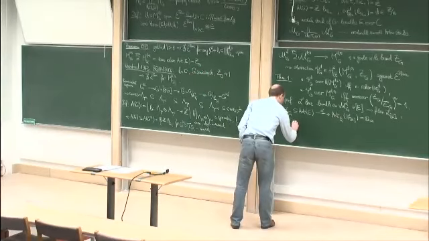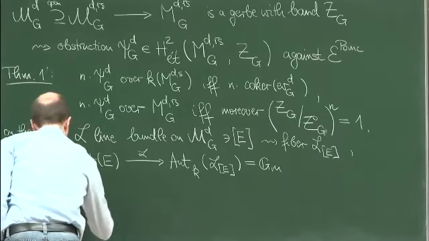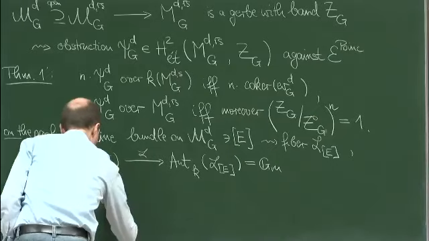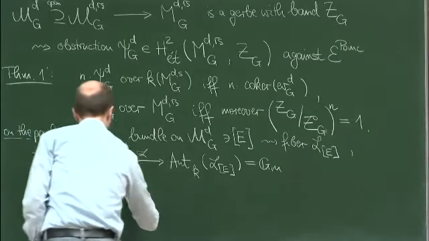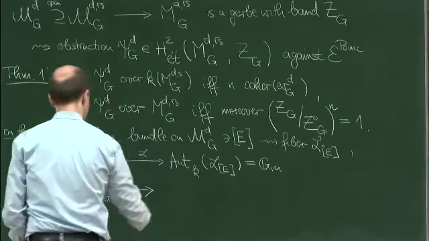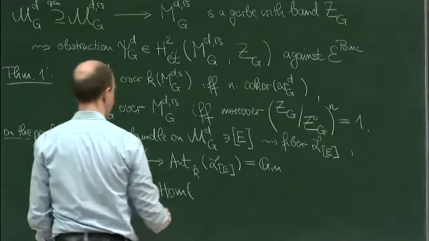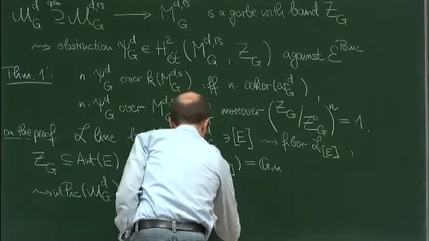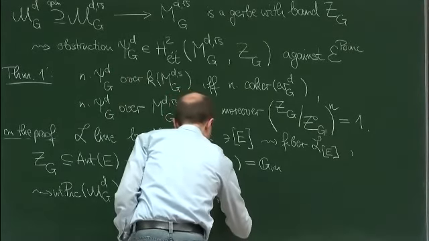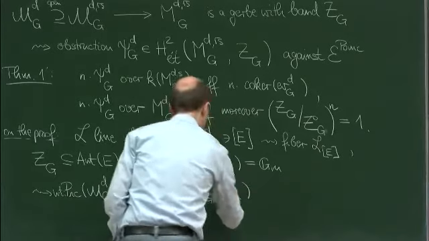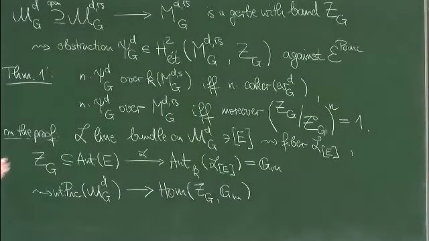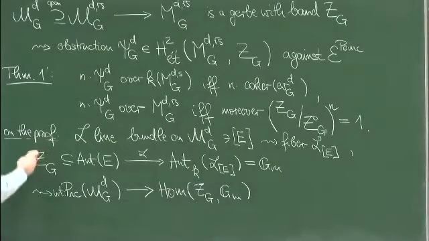for every line bundle, and that will define a group homomorphism from the Picard group of this component in the moduli stack to the group of characters on the center, which is just bookkeeping of the action of these easiest automorphisms that these bundles have.